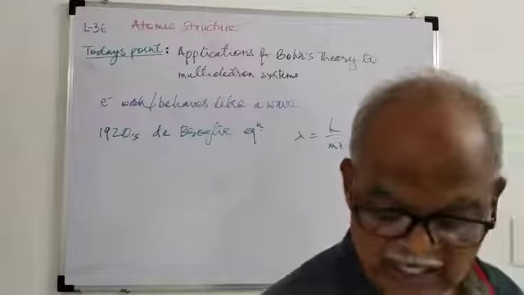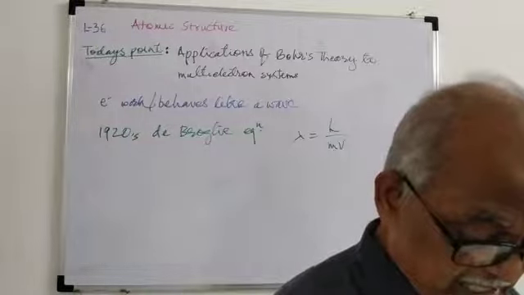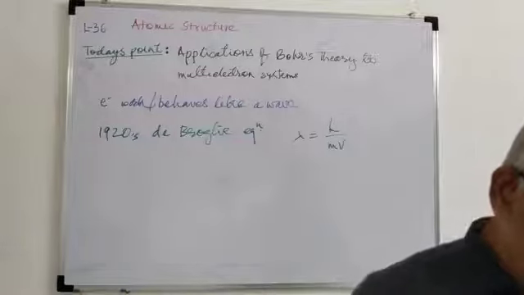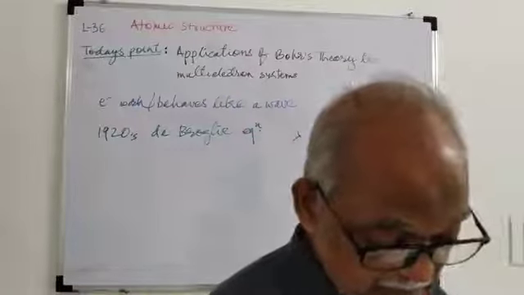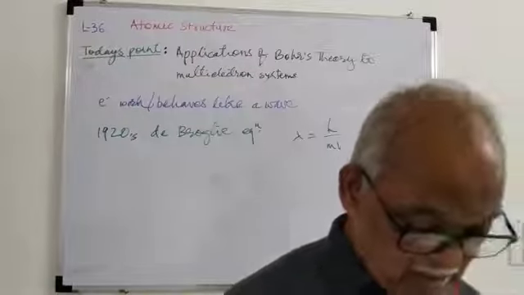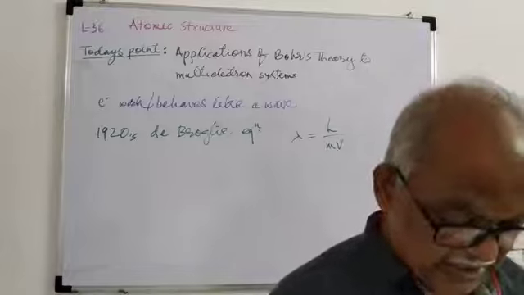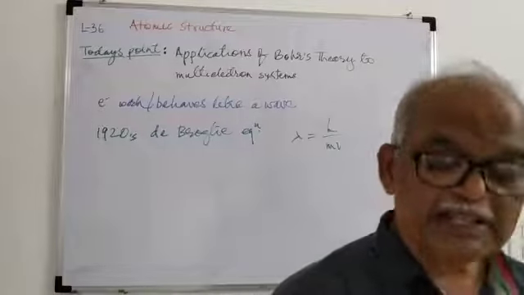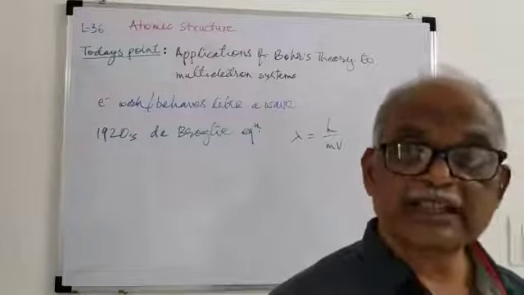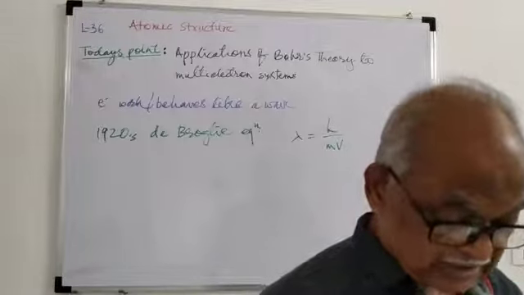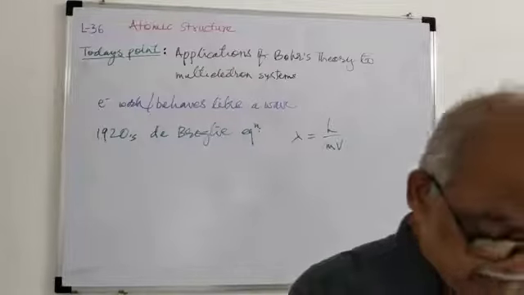Because the electron is moving in the orbits, and this movement is like a wave, we can say that all moving particles have wave nature. Then electrons moving in a circular orbit around the nucleus, as we have seen in Bohr's theory, make us think that the electron forms standing waves when it is moving in the circular orbit.